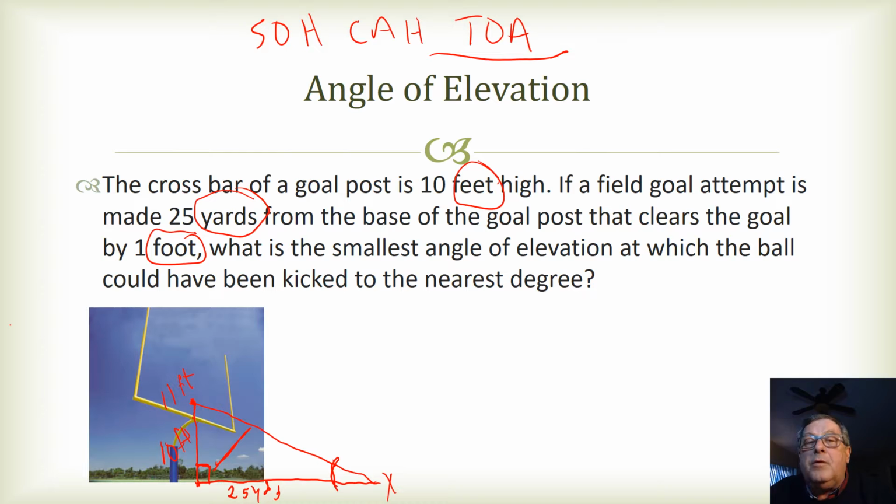So even though I'm going to use the inverse tangent function to find that angle, because I've got opposite over adjacent and I'm trying to find an angle, I've got to get my units of measurement the same. So let's see, I've got 11 feet and I've got 25 yards. Well, perhaps I want to get everything in terms of feet.